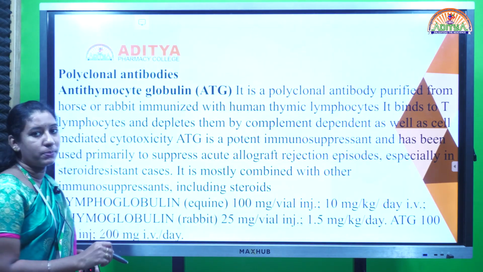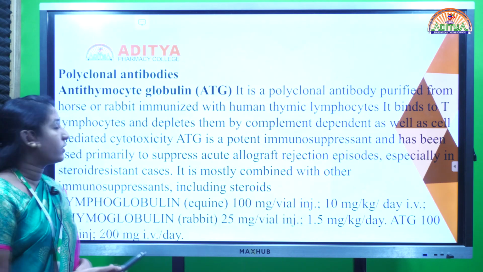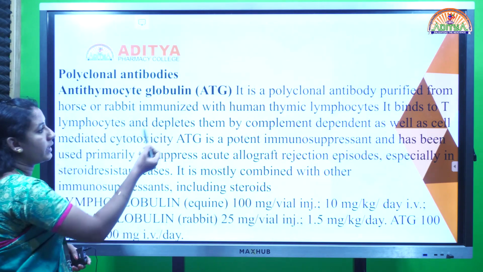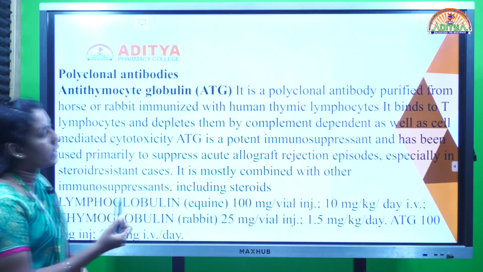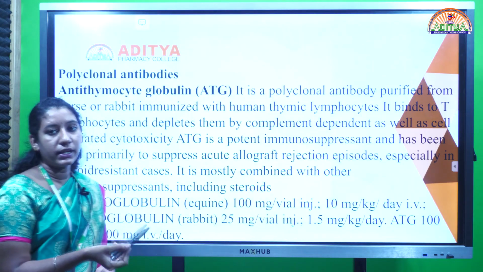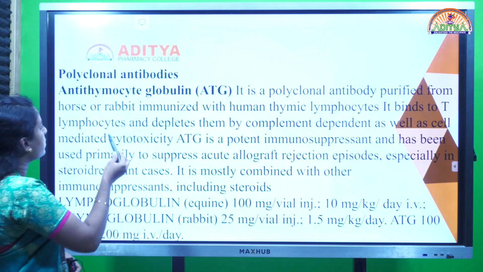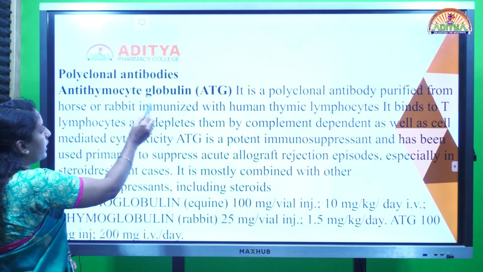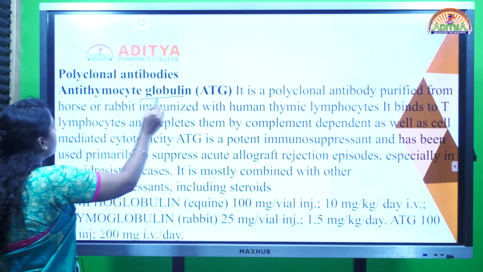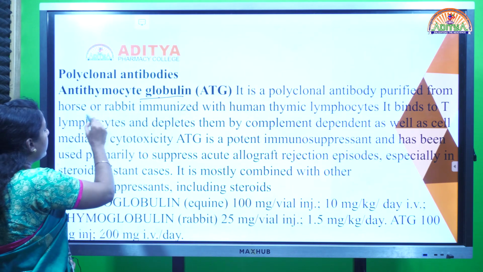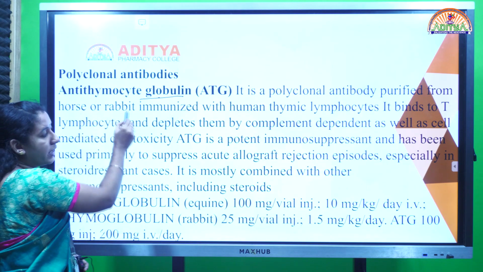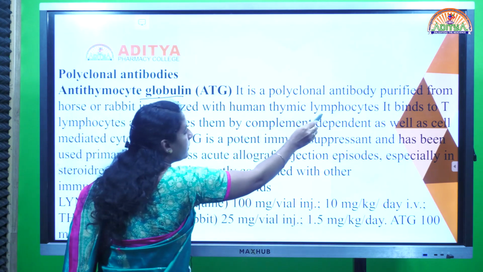Next are the polyclonal antibodies. The first drug is anti-thymocyte globulin. It is a polyclonal antibody which is purified from horse or rabbit. This globulin, or antibody, is obtained by immunizing animals like horse or rabbit with human thymic lymphocytes.